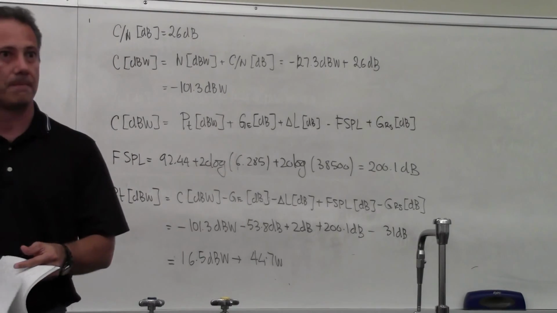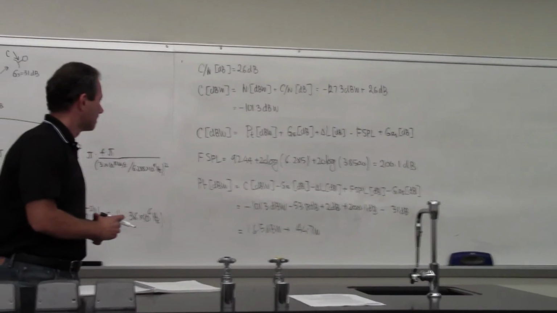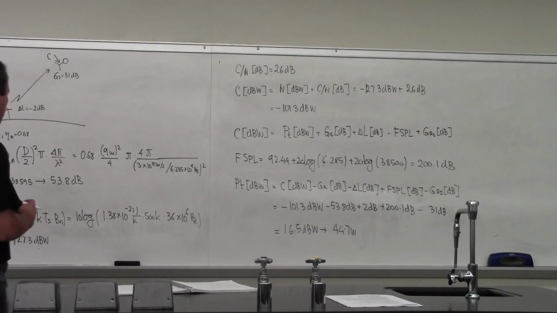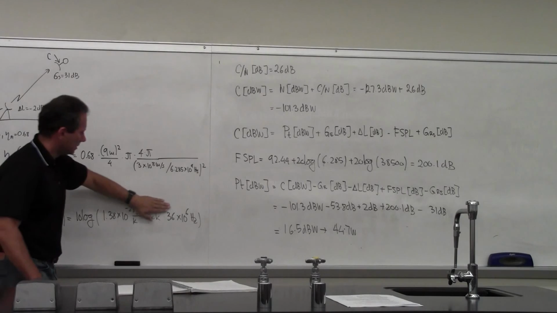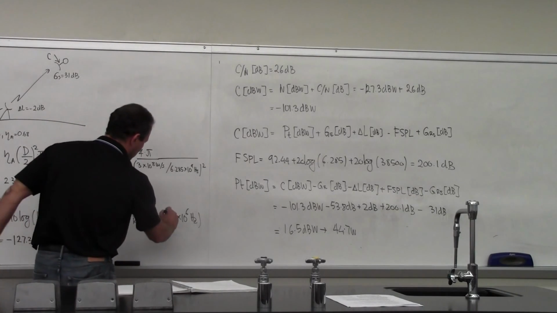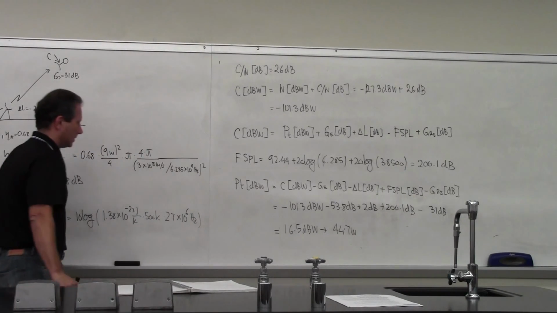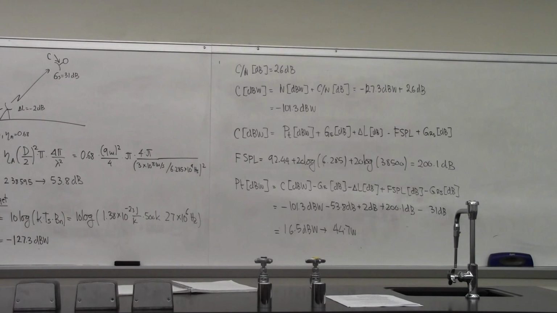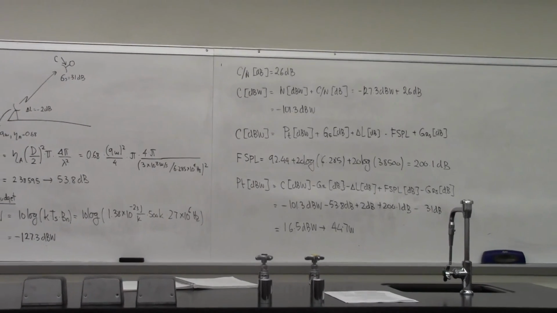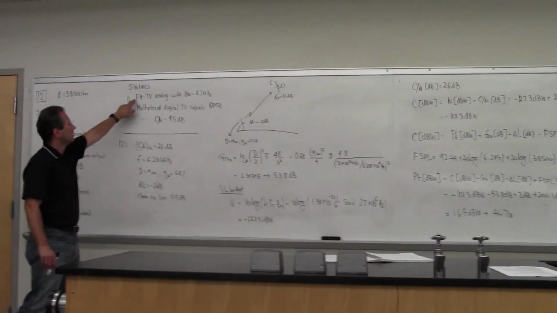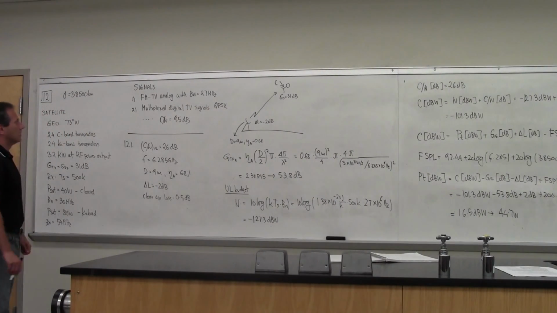Professor, you can only get minus 127.3 if you use 27 megahertz bandwidth for noise. Yes, if you use that, you get minus 127.3. Okay, so that's what I did, I guess. So 27. I guess the satellite C-band is used for the analog signal, and the noise bandwidth is 27.